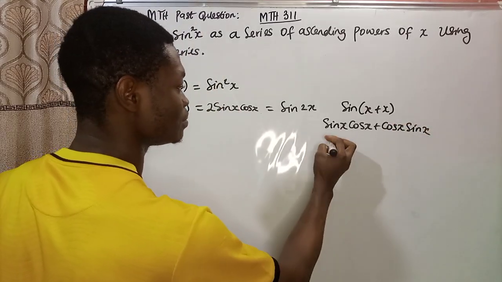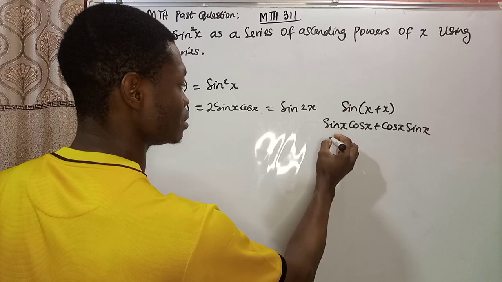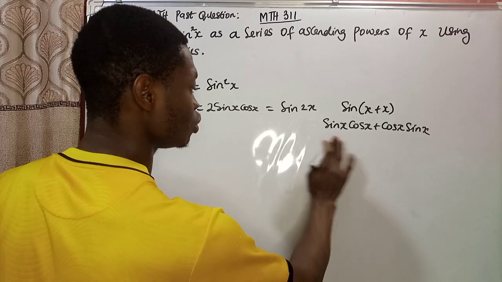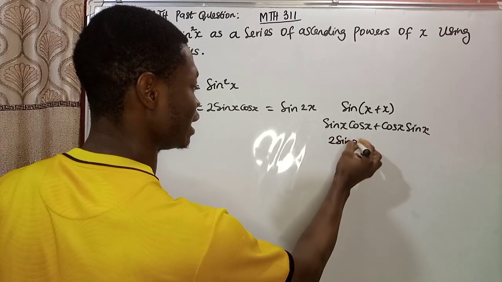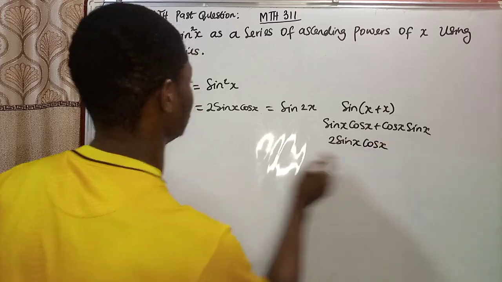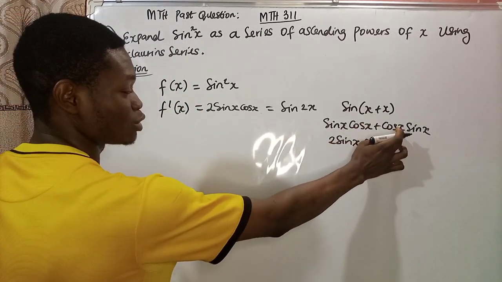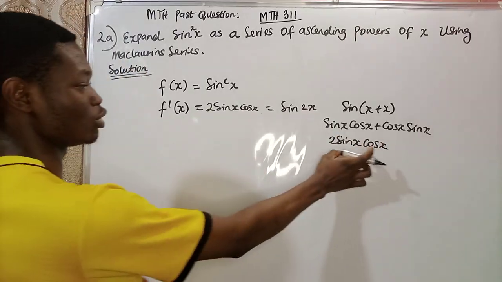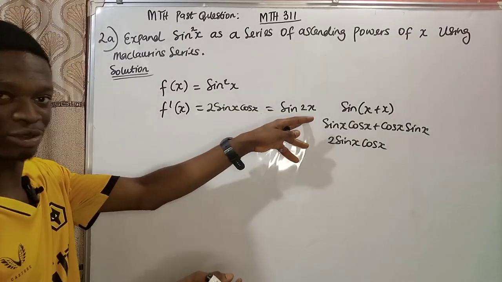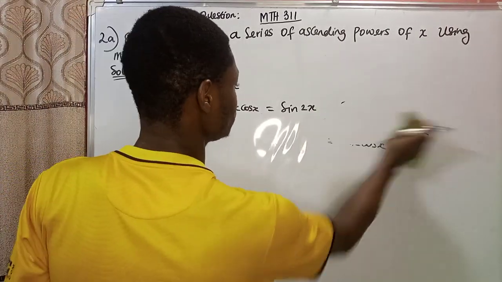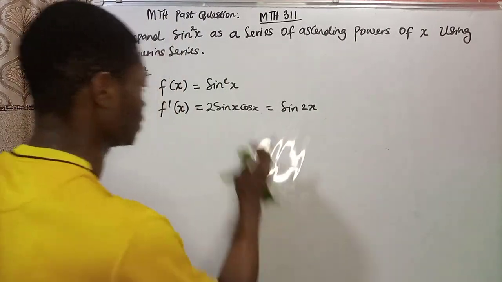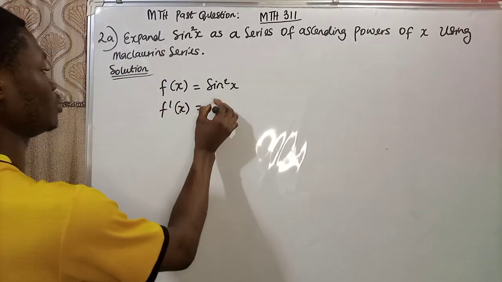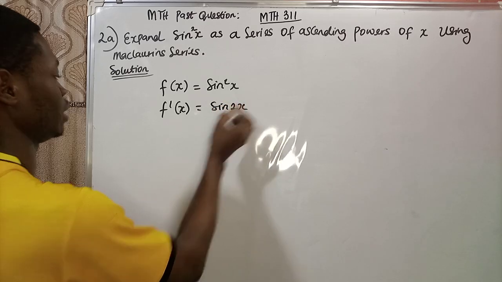So we have 2 sine x cos x. Are you seeing it here? Cos x plus cos x is 2 cos x, sine x plus sine x is 2 sine x. So it's 2 cos x sine x. So I can represent it with this. So let me write it: sin 2x.